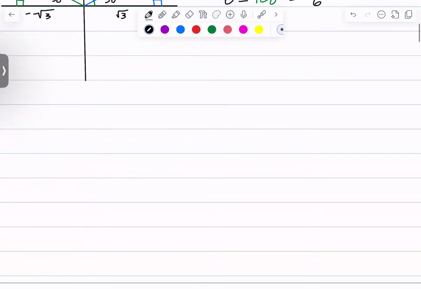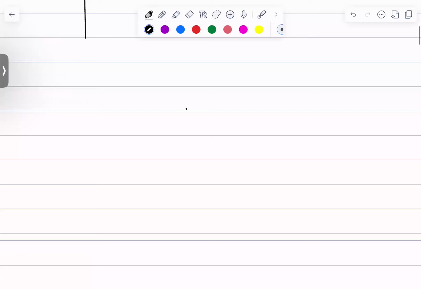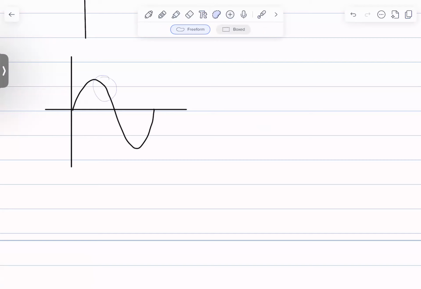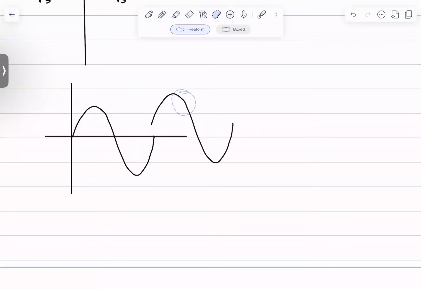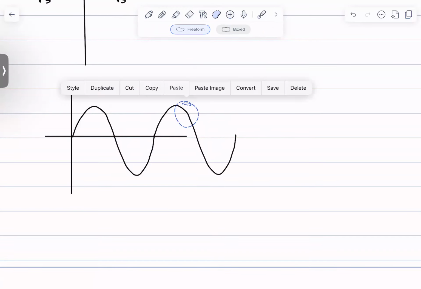If we look at the graph of sine, it would go up, look something like that, right? And we can literally copy this. The next period of sine would be right there, right? That makes sense?